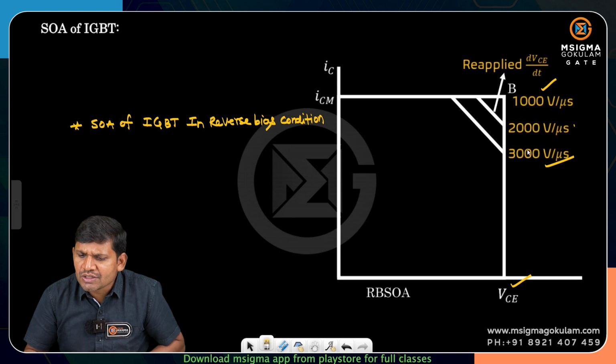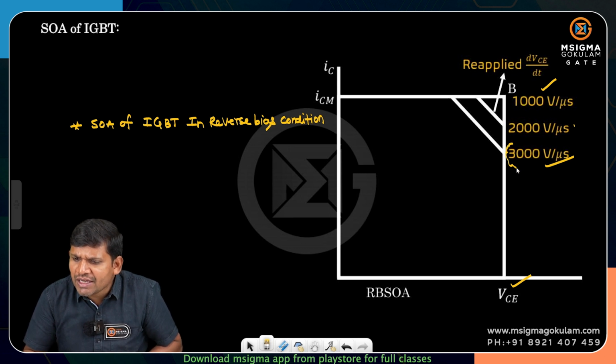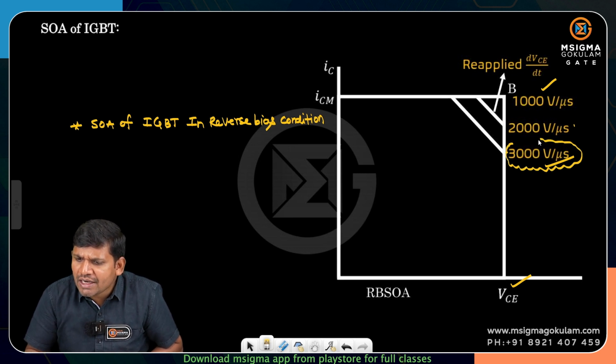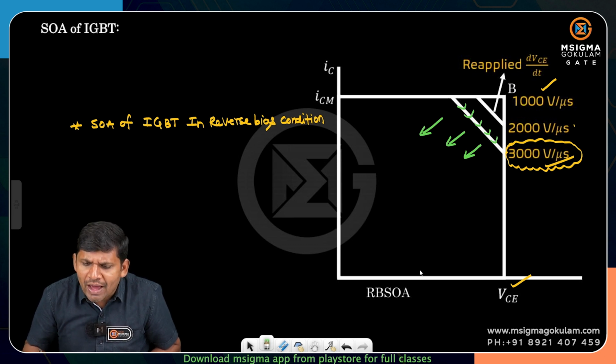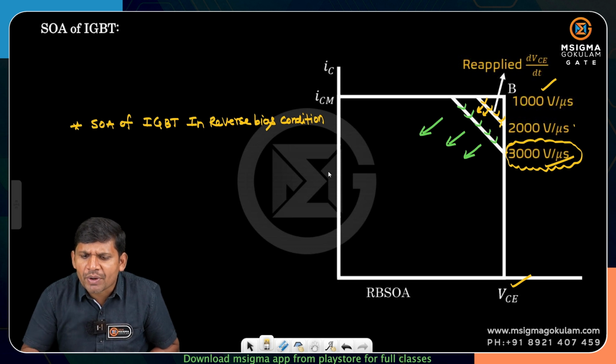Are you observing or not? The higher the dV by dt, the safe operating area is only below this one. If dV by dt is a low value, then below this one, this total is the safe operating area.